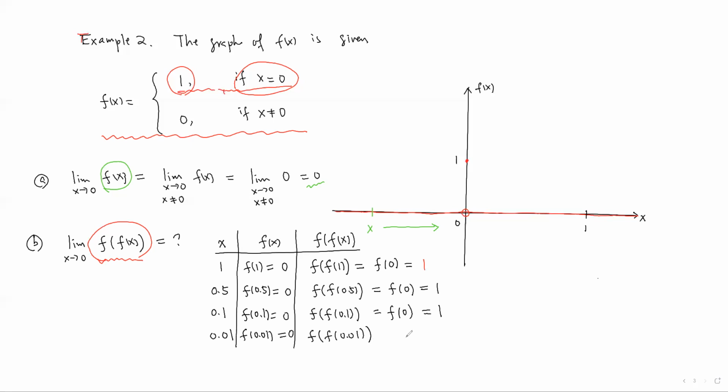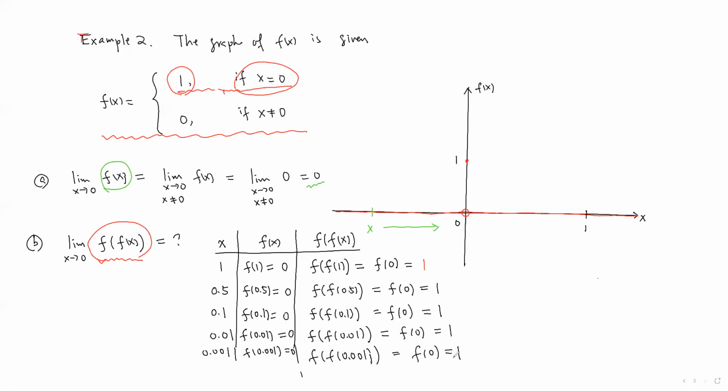From the second column, f of 0.01 is 0, so f of 0 is again 1. One more point: 0.001. The function value at 0.001 is 0, and f of 0 is 1.